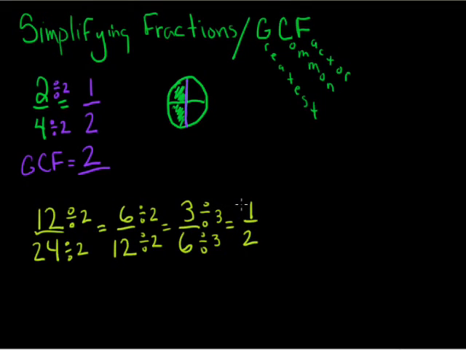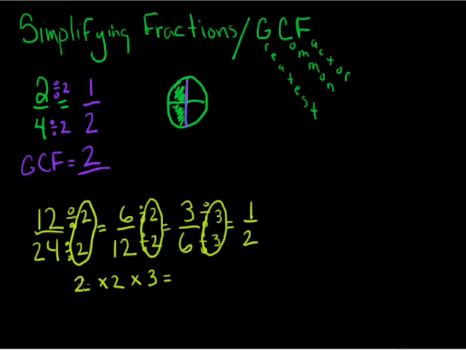Now 1/2 is the simplest form, but what is the greatest common factor? And here's how you can always find the greatest common factor if it takes you more than one step to simplify a fraction. What did we divide by? We divided by 2, then we divided by 2 again, then we divided by 3.